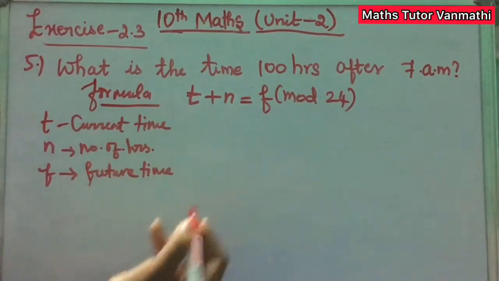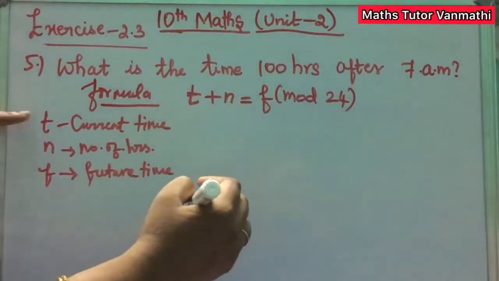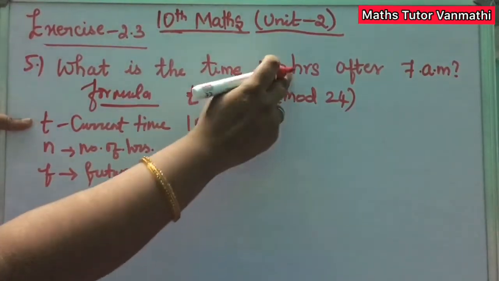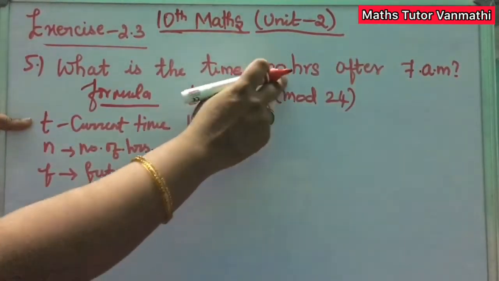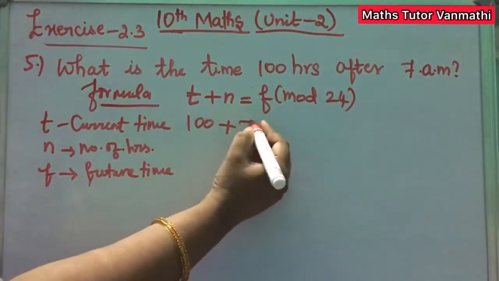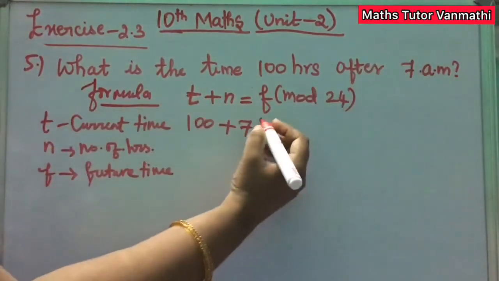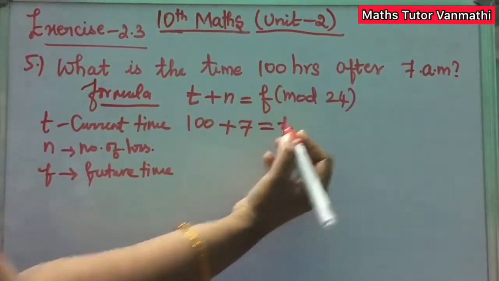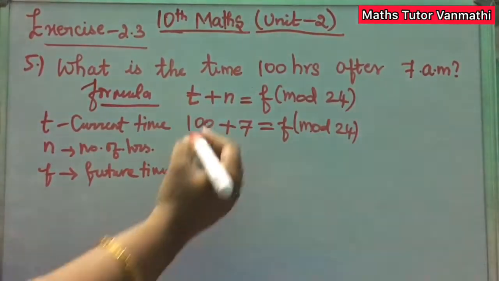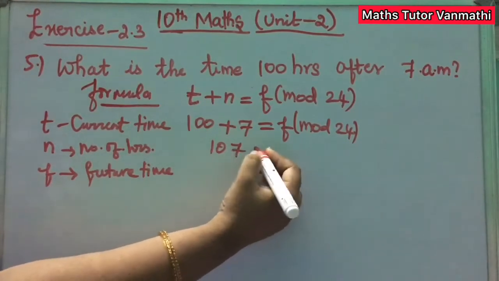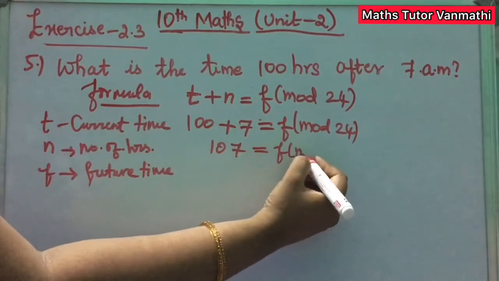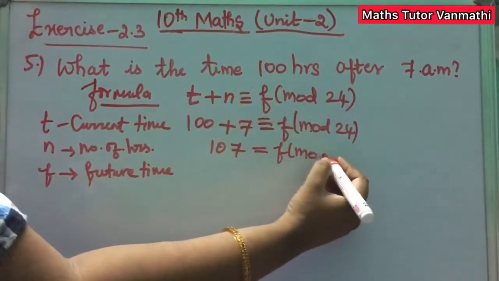Okay, future time. So in this we can substitute. T is your current time. What is your current time? We need 100 hours after 7. So T is 7 a.m. and N is 100 hours, which is equal to the future time we are going to find, mod 24. Okay, 100 plus 7 is 107, which is congruent to F mod 24.